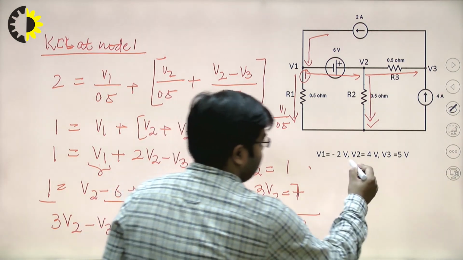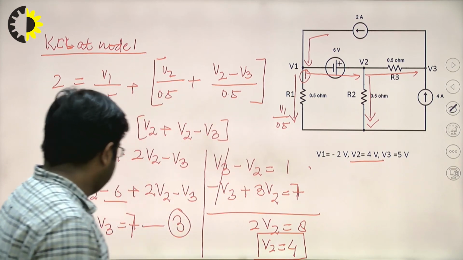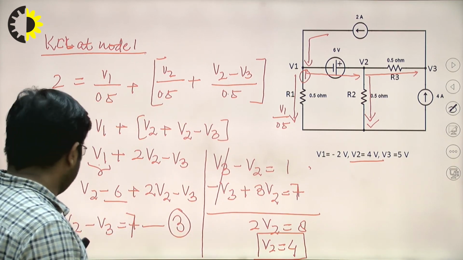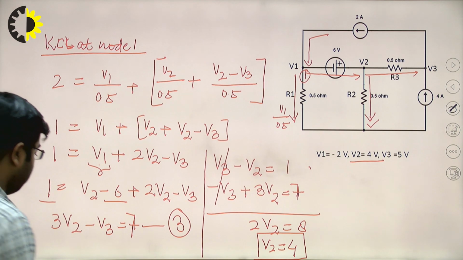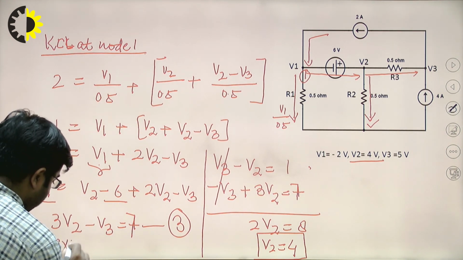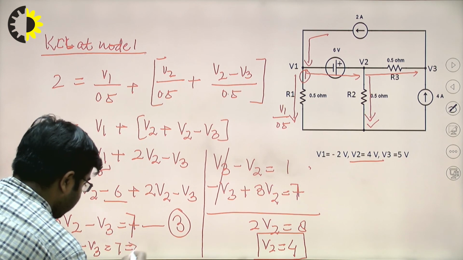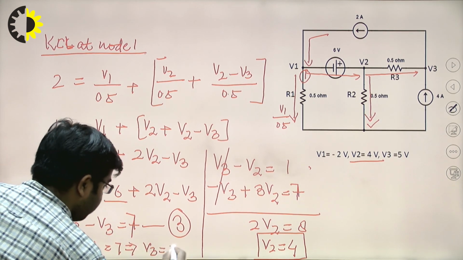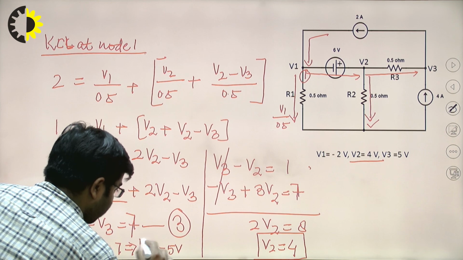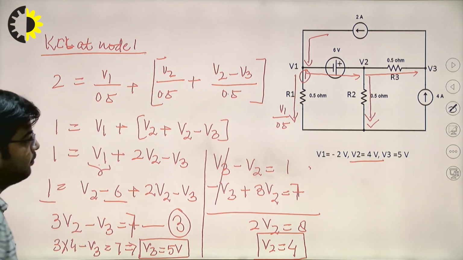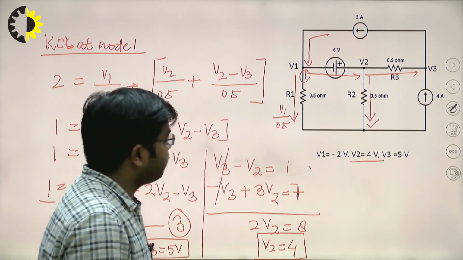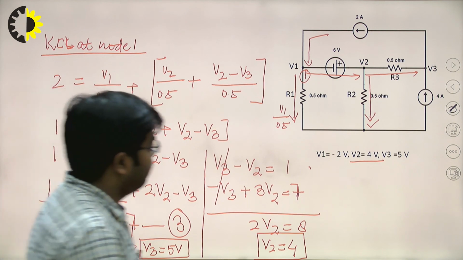You can see here V2 is equal to 4 volt. Put this value V2 equals 4 volt here, so you will get 3 into 4 minus V3 equals 7. From here you will get V3 equal to 5 volt. So V3 is 5 volt and V2 is 4 volt.